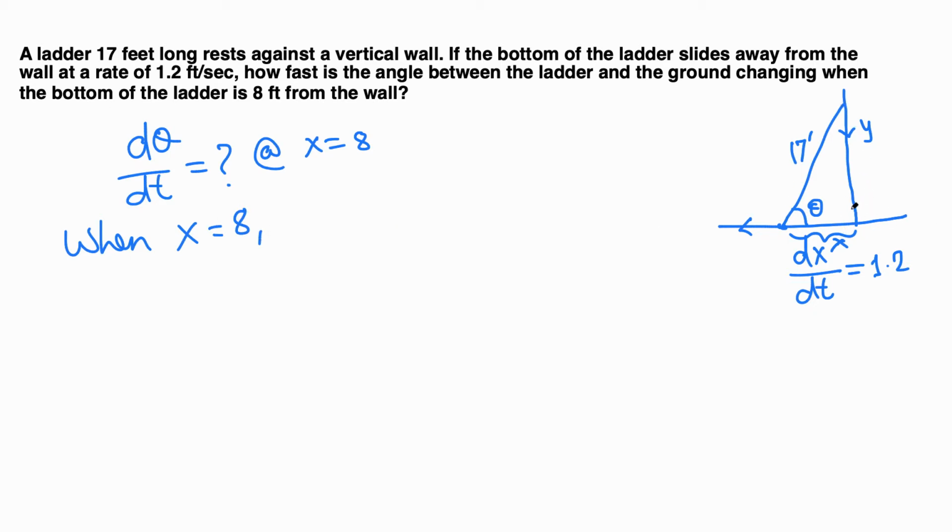Now this is a right triangle, that means x squared plus y squared equals 17 squared.